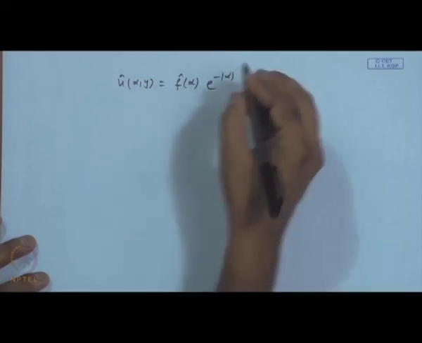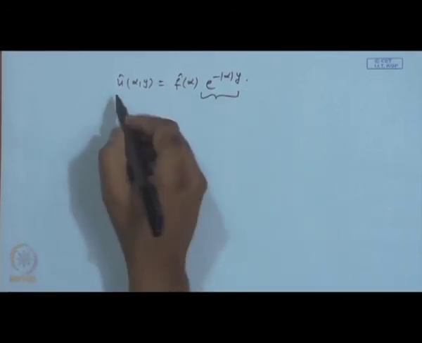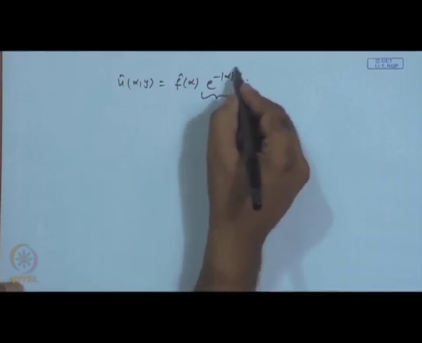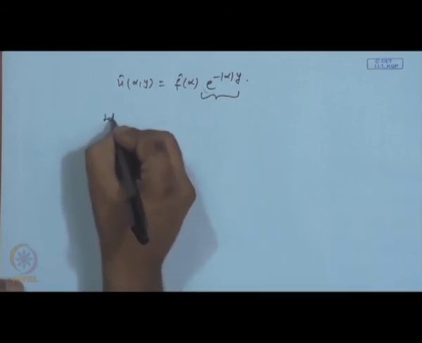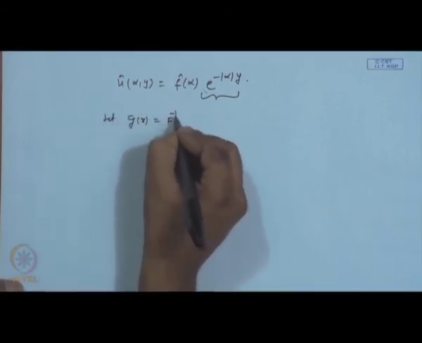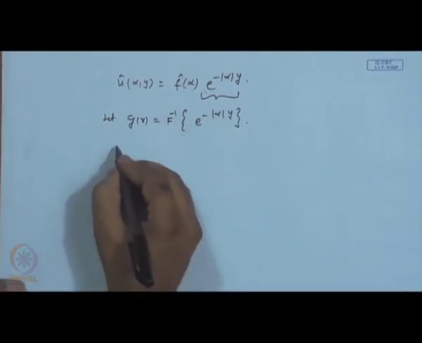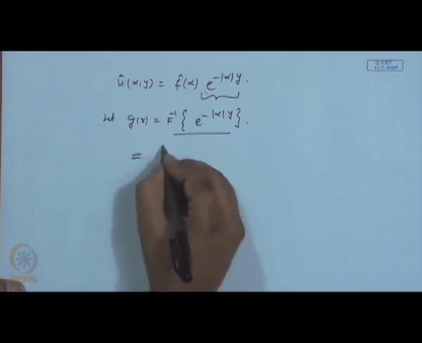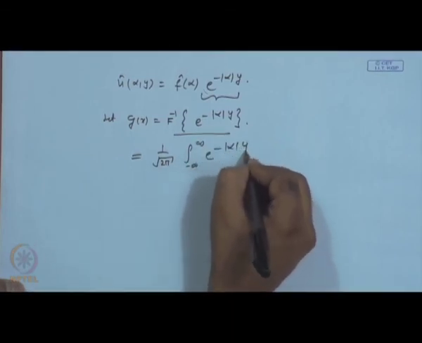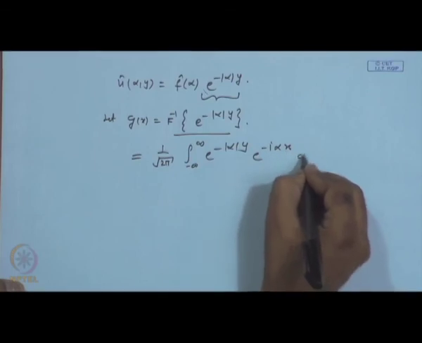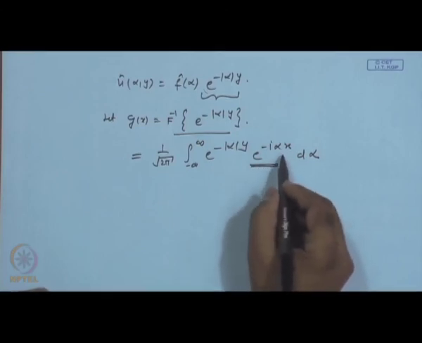Now our solution of the transformed ODE is f̂(α) e^(−αy). And now we again apply the same trick, the convolution theorem, but we need to get the function, the Fourier inverse of this. So let g(x) be the Fourier inverse of e^(−αy), and then as per the definition, 1 over square root 2π, integral from minus infinity to plus infinity of e^(−αy) e^(−iαx) dα, and then we write cos αx and i sin αx.